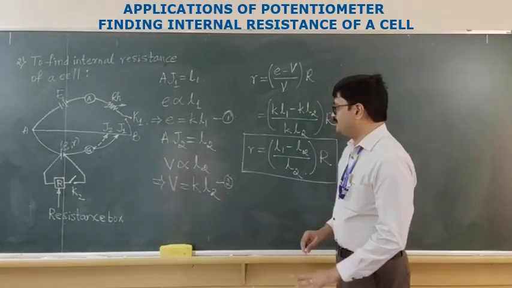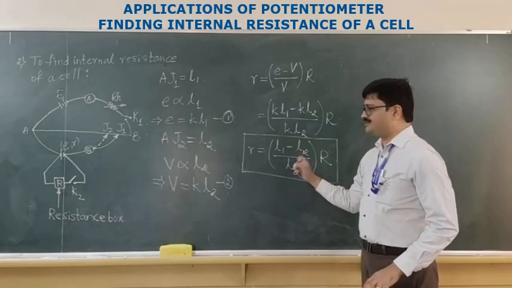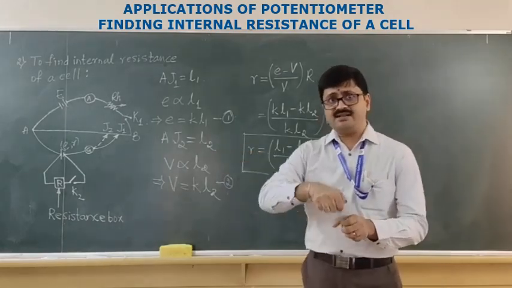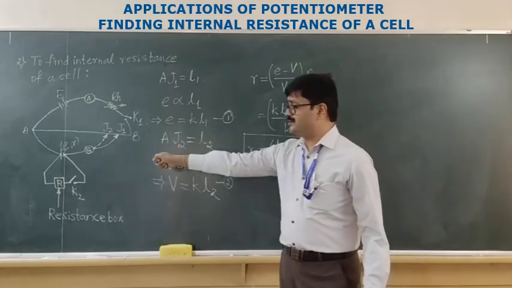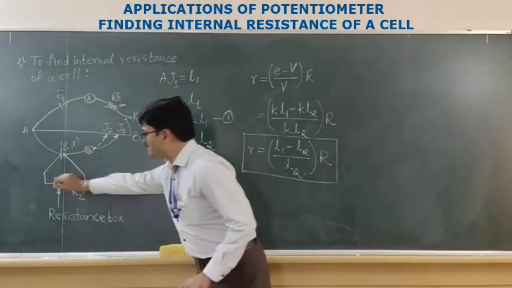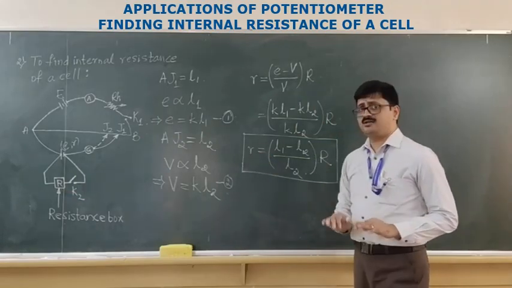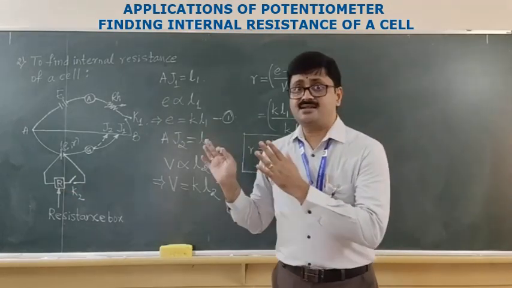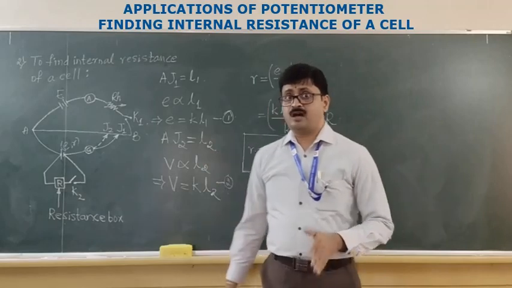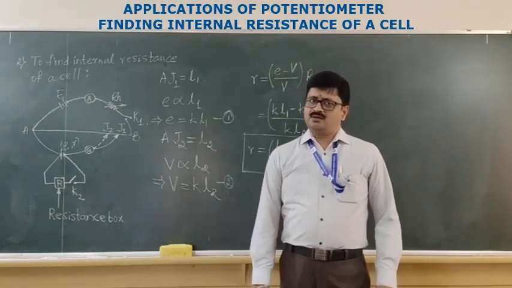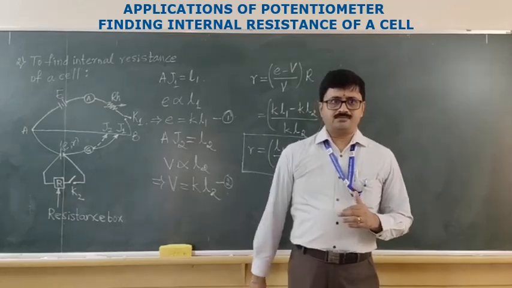The measurement is purely in terms of length here, and capital R is already known, as we set it by introducing a suitable resistance in the resistance box. So thus we have the expression for internal resistance, and this is the second application for you people. I hope this application is clear. Now let us move ahead to the next step.